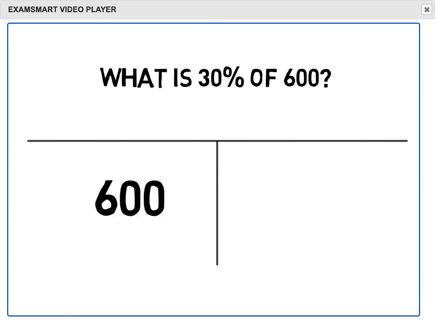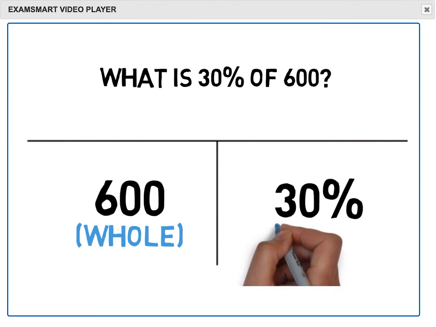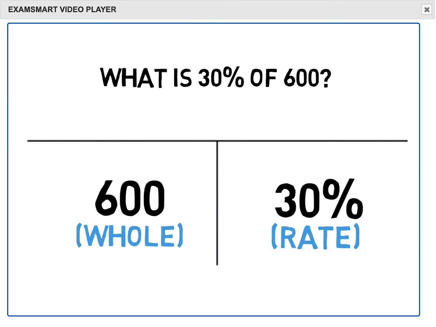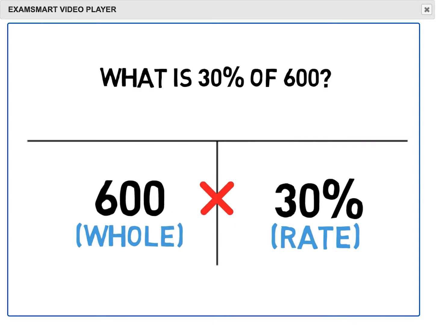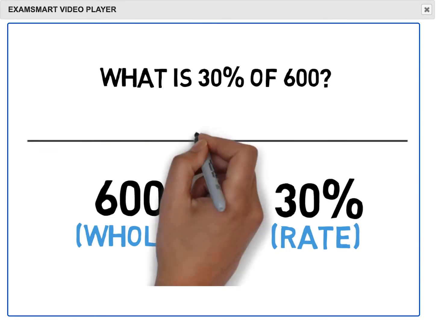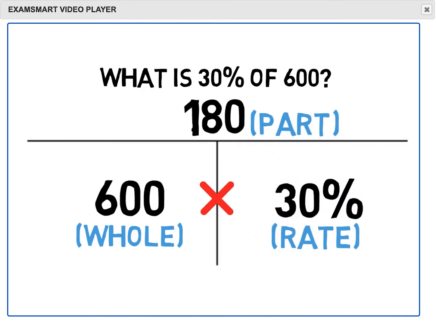It goes in the bottom left for the whole amount. Our rate is 30%, which goes in the bottom right for the rate. Our formula tells us to multiply straight across. So we would take 600 times 30%, and that would give us the part, or our answer, of 180.